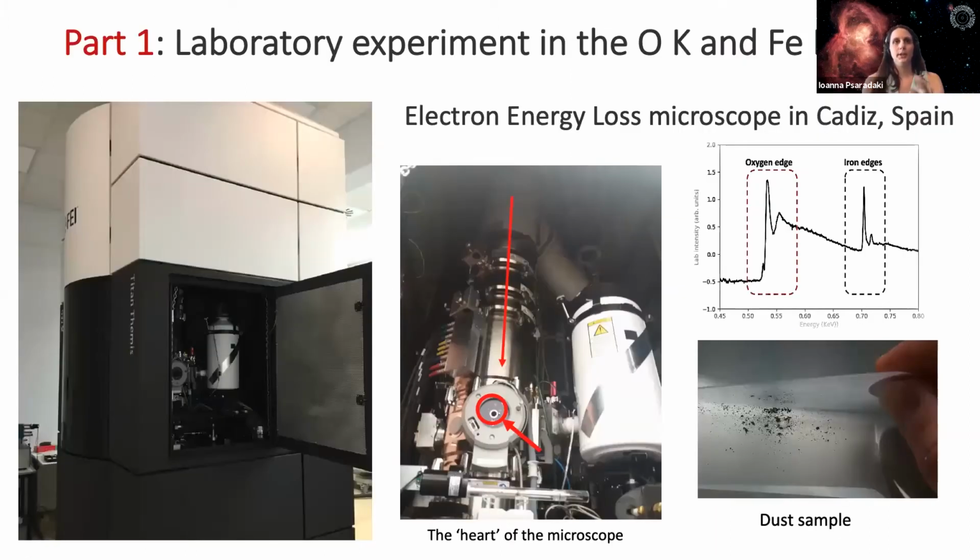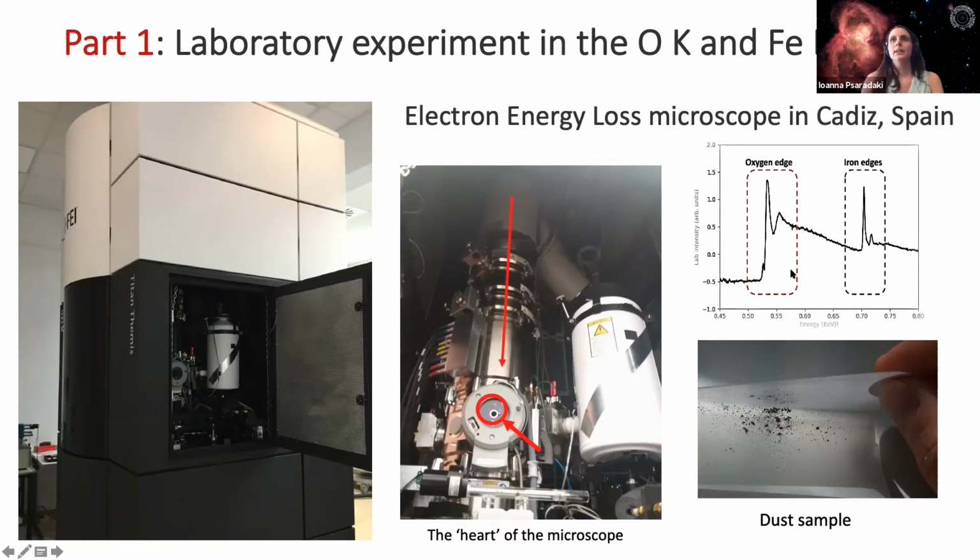Basically, we go to the laboratory. This is an image of the electron microscope. As you can see here, this is a dust sample. We put the dust grains, this black powder, on a thin layer located here, and then an electron beam interacts with this dust sample, and what we measure is the change in the kinetic energy of the electrons after the interaction with the dust sample.